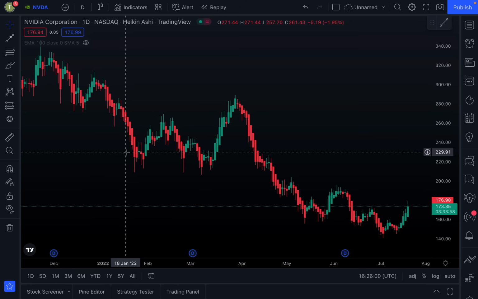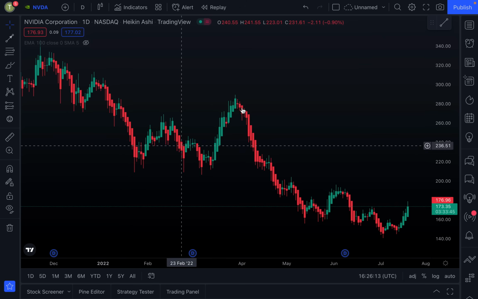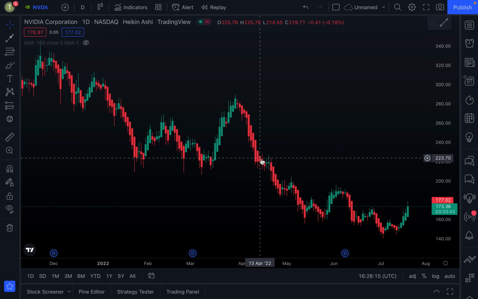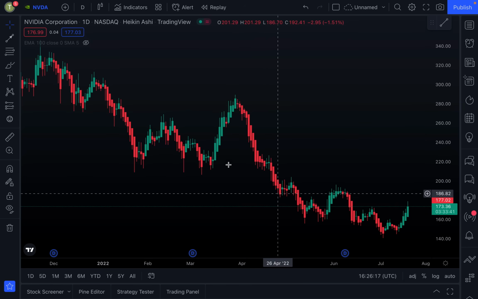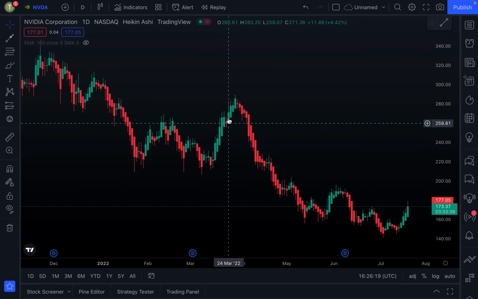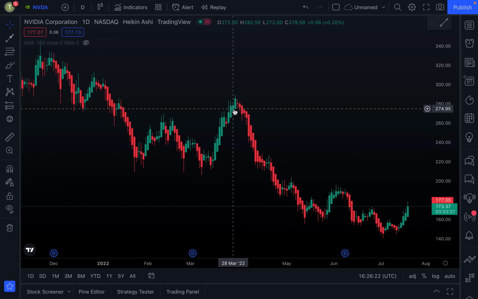Now the very first thing that you should see, and this should just pop out at you, is that Heikin Ashi has a smoother look. Notice that there is a tendency with Heikin Ashi for the candles to stay red during a downtrend and stay green during an uptrend. Whereas with a normal candlestick chart, you will see the candles alternating color, right?